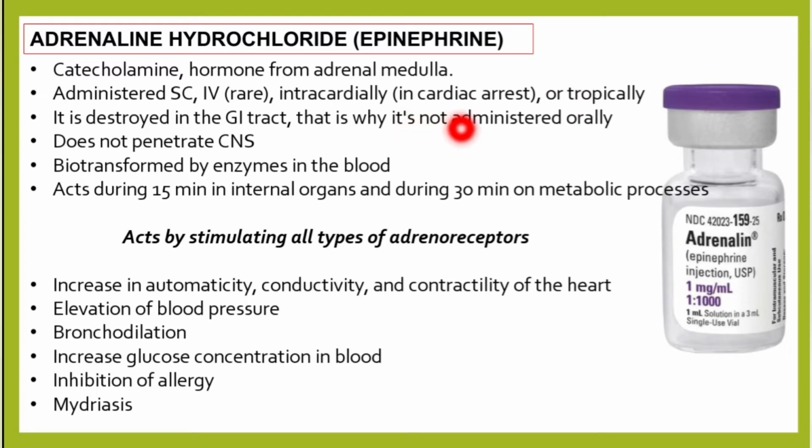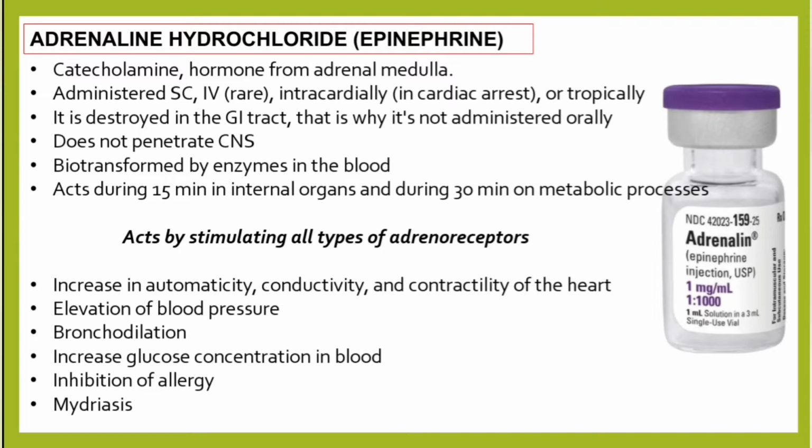That is why it is not administered orally. It does not penetrate the central nervous system. It's biotransformed by enzymes in the blood, and it acts for 15 minutes in the internal organs and for 30 minutes on metabolic processes.